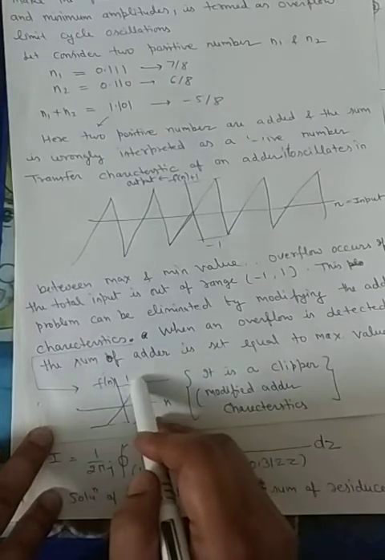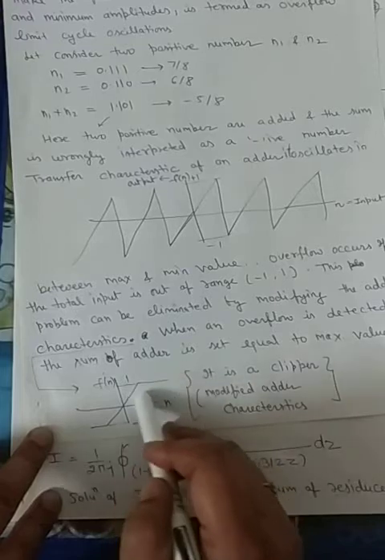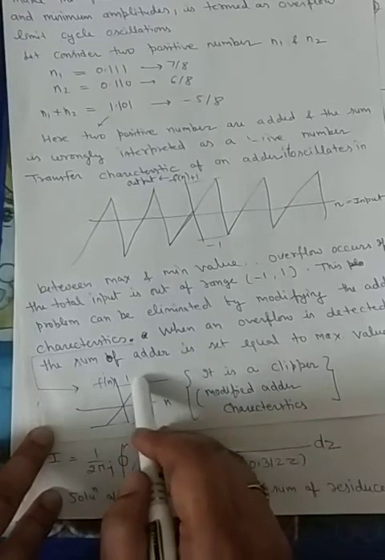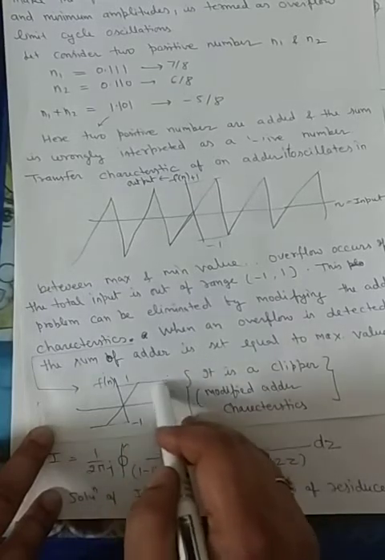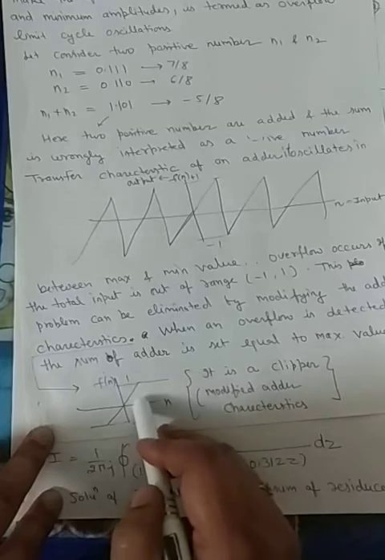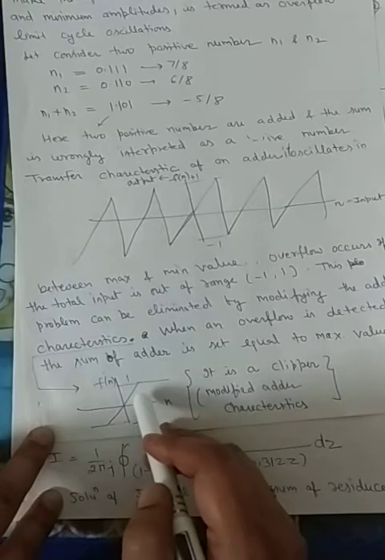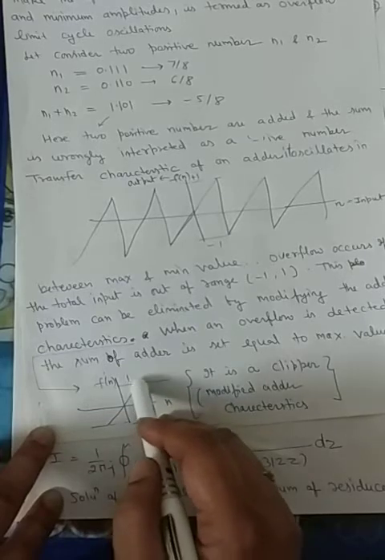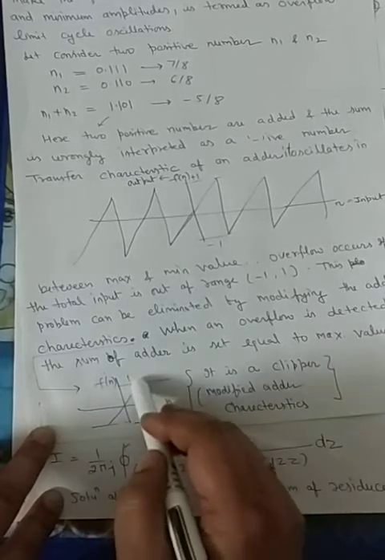we see that there is a non-linearity in this characteristic. So in order to avoid that distortion because of this non-linearity, we normally try to keep the output of any adder within the linear range.